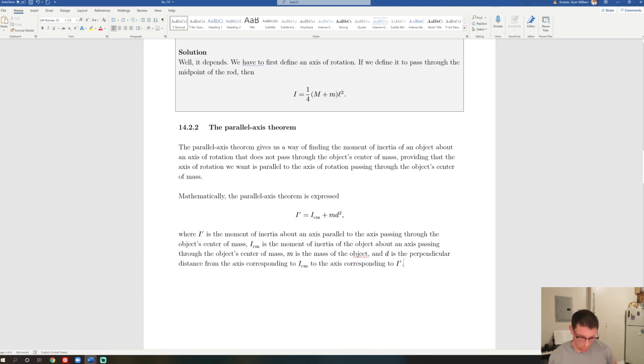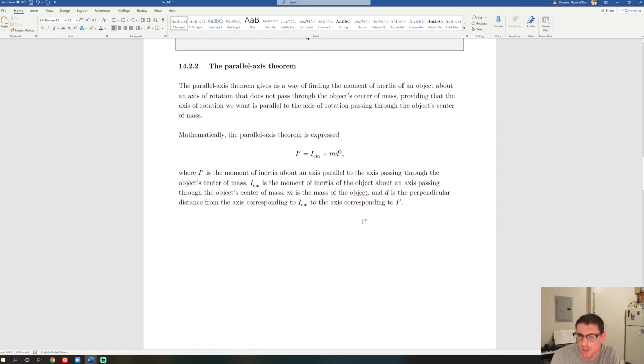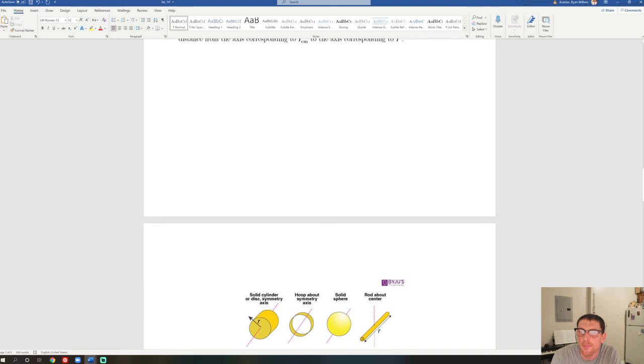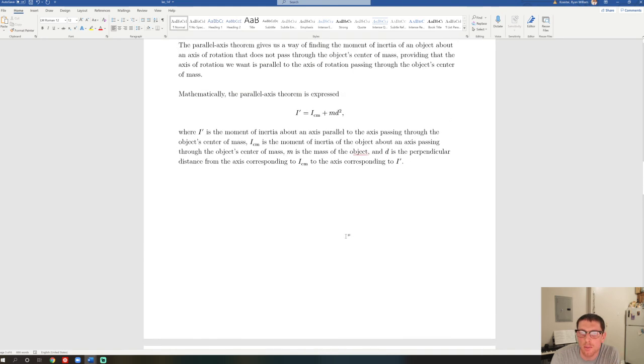And we will work an example, a very canonical example of this, basically right now. And hopefully it becomes a little bit clearer as we do this example. So I think that's all there is to say about the parallel axis theorem.